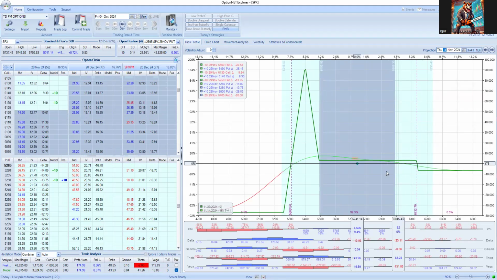At T plus 15, if we're somewhere inside of 5,500 and maybe 6,000, so if we're in this 500-point range somewhere with 15 days to go, it's not a terrible spot to be. But if we're starting to move towards the edge of the expected move over the next 41 days, you can see that my T plus zero is really sloping downwards on the upside and on the downside. And that's what I'm trying to avoid.